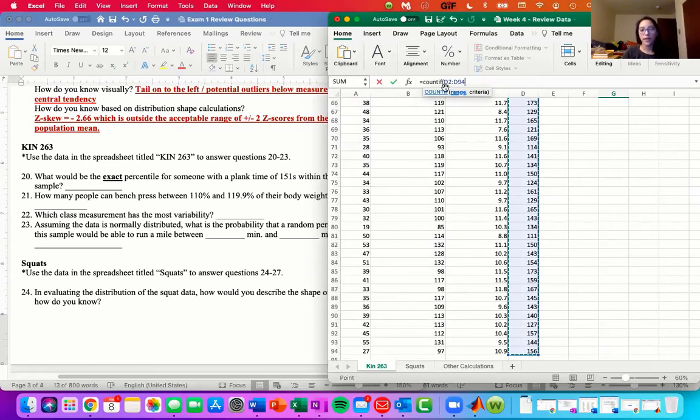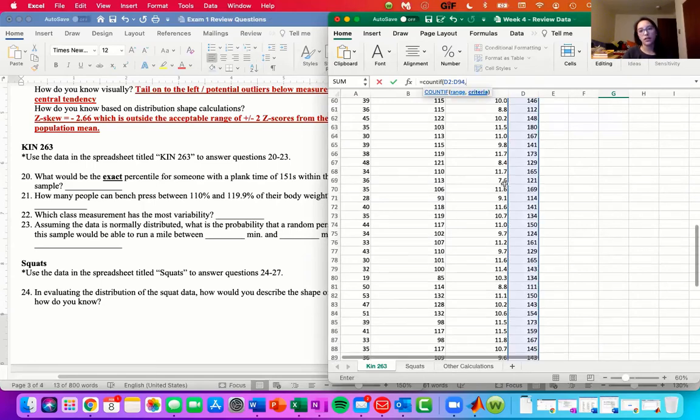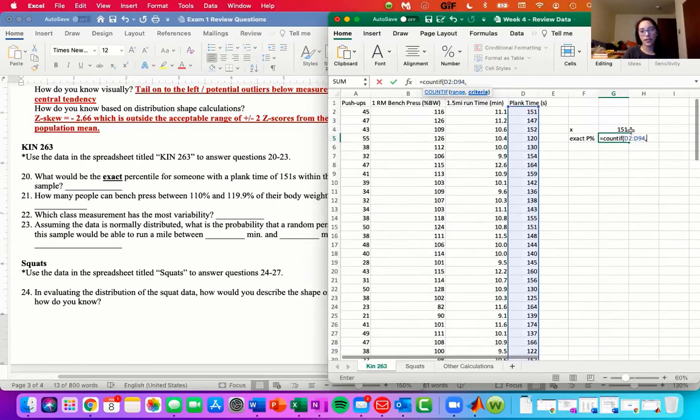Okay, so I've specified a range, which is my plank times, and then I need to specify a criteria as it asks for in the formula. So my raw score is 151, and I want scores less than or greater than that value. You want less than or equal to? I want less than or equal to, right?